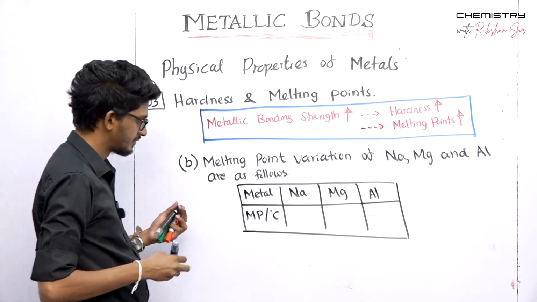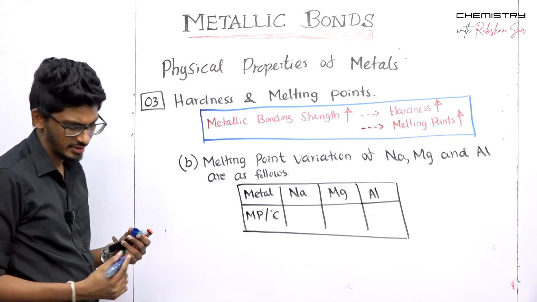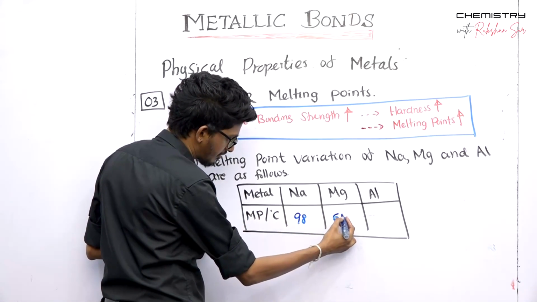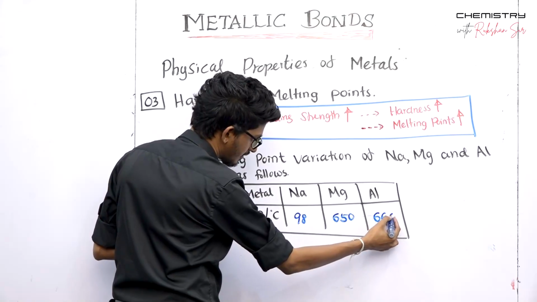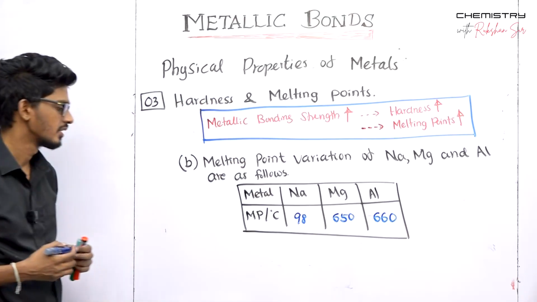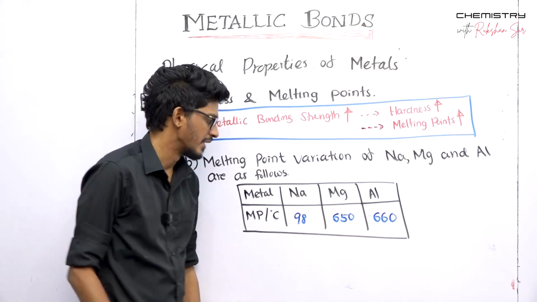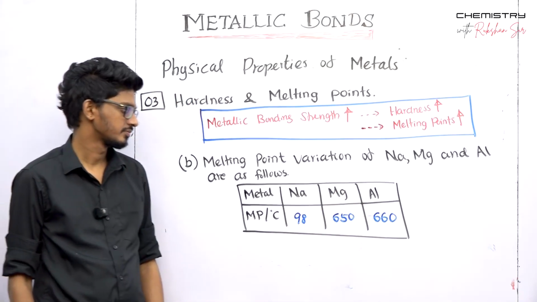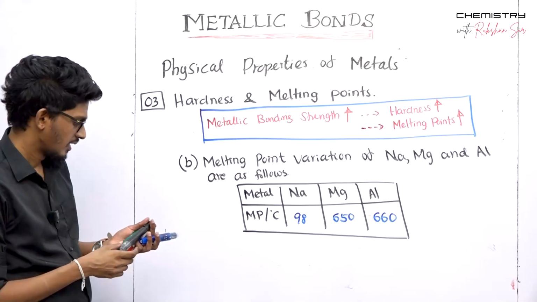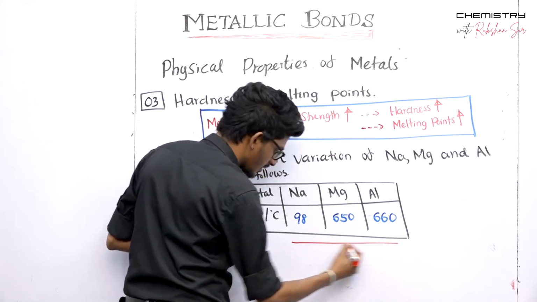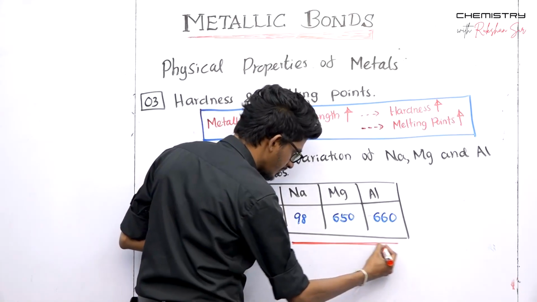Actually the values are sodium 98, magnesium 650, aluminium 660. Right? Let's try to explain this. When going from sodium to magnesium, see what will happen.